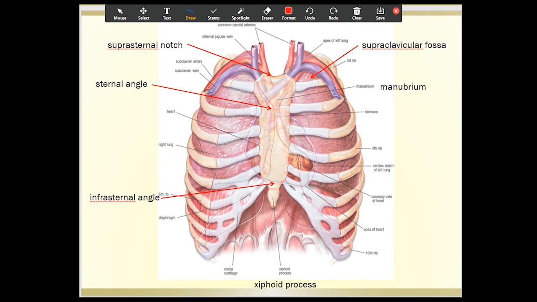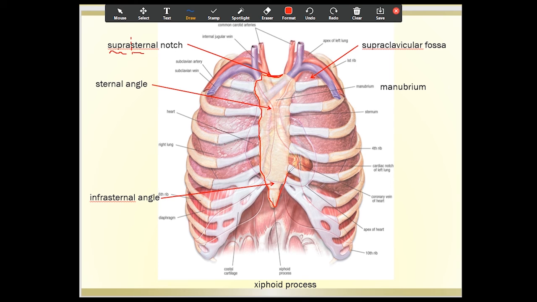So above the sternum bone here, we have a divot. This part we say superior, which means above. That's the sternum bone, starting from here and going all the way down to here.